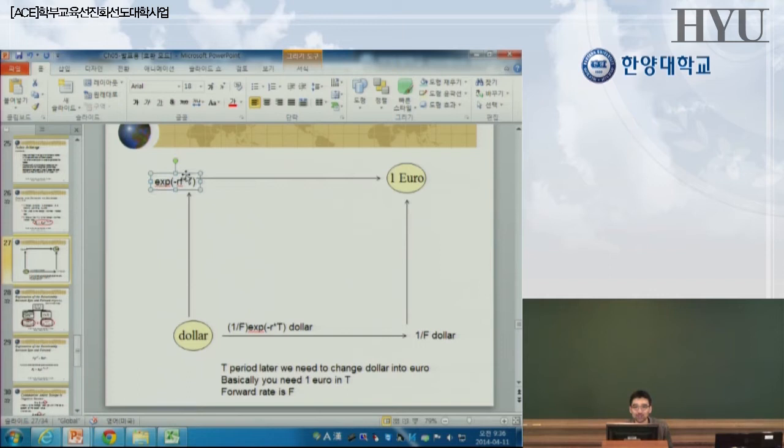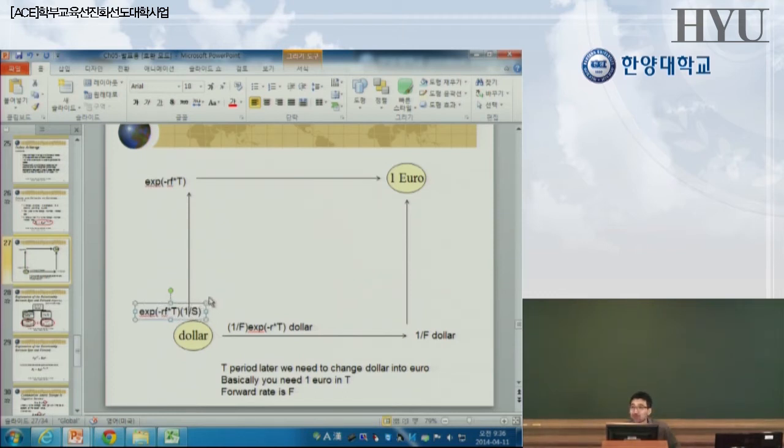And you need to put this amount in the European bank right now. In order to put this amount in the European bank, you need 1 over S dollar, right?